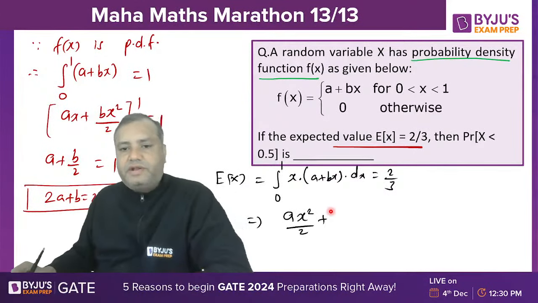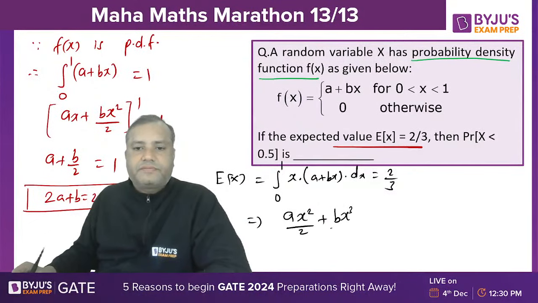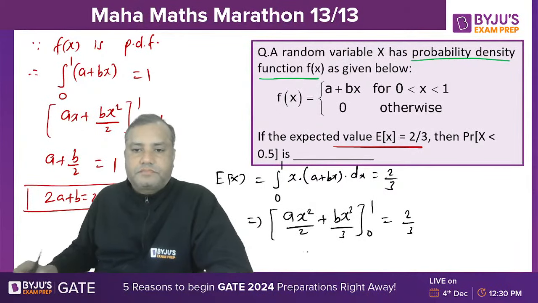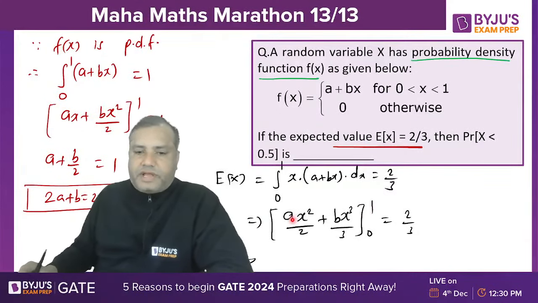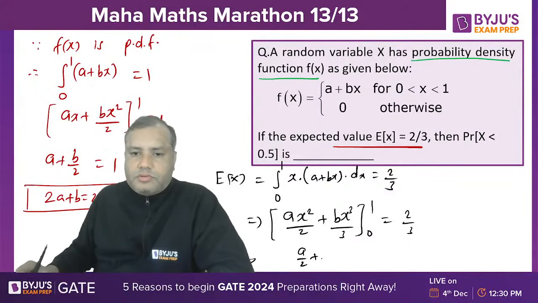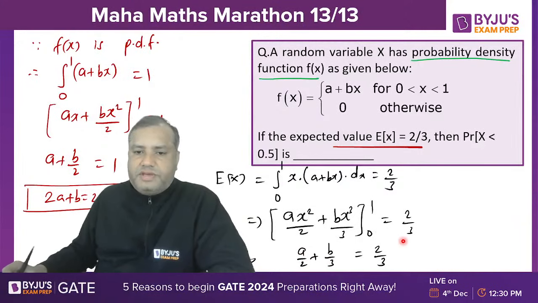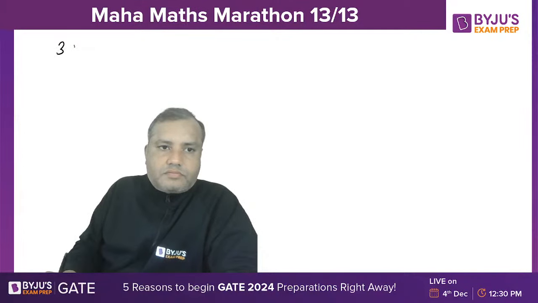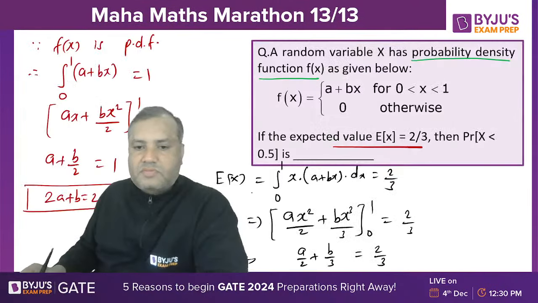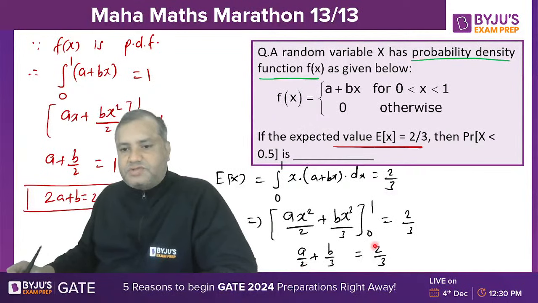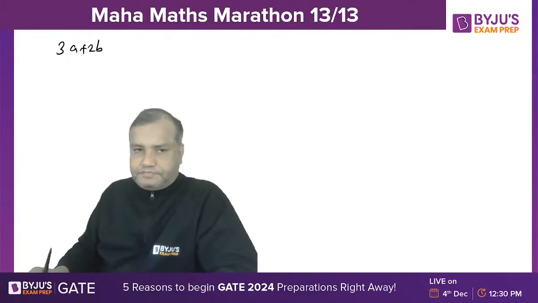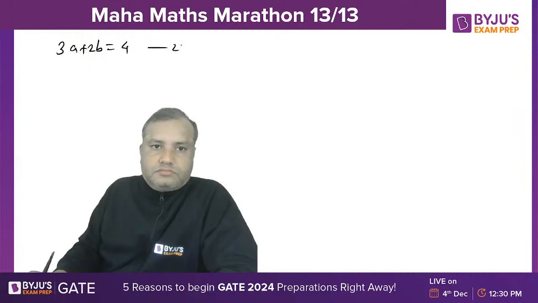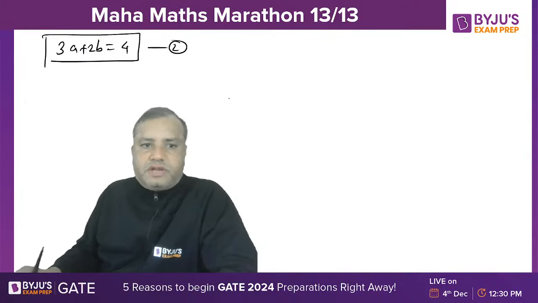Then bx square integration will be bx cube by 3. Limits 0 to 1. Put x equal to 1. So a by 2 plus b by 3. Lower limit is 0. So 3a plus 2b upon 6. 6 twos are 12, 12 by 3 will be 4. So 3a plus 2b equal to 4.